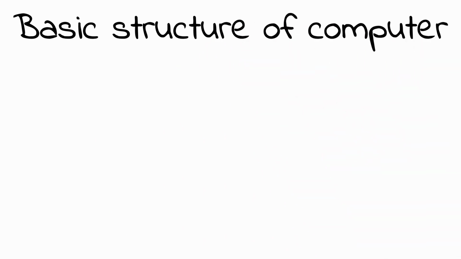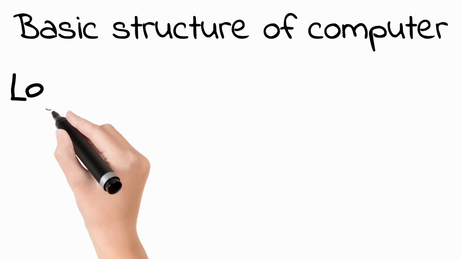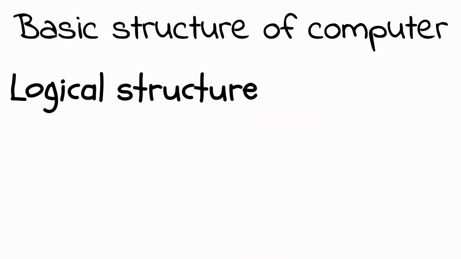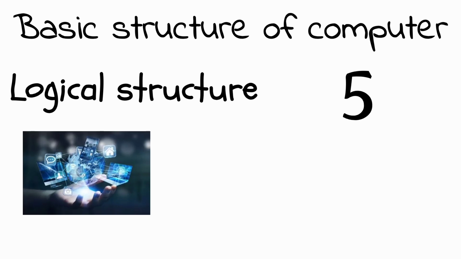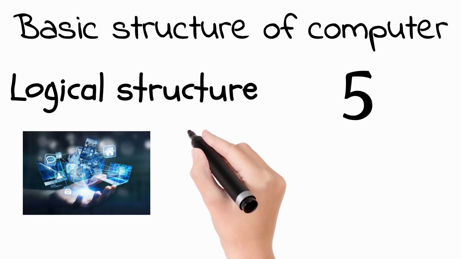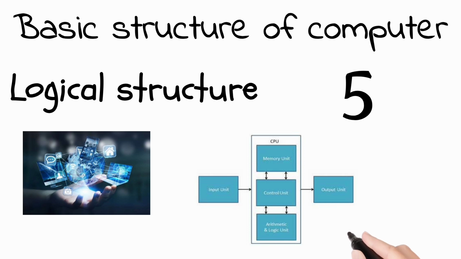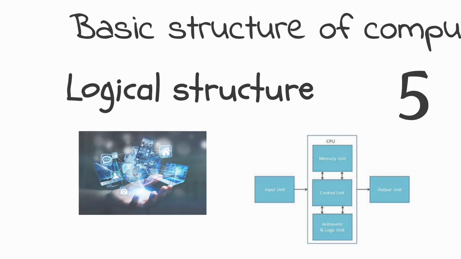Basic structure of computer. All types of computers follow the same basic logical structure and perform the following 5 basic operations for converting raw input data into information useful to their users. The following diagram shows the basic structure of a computer.